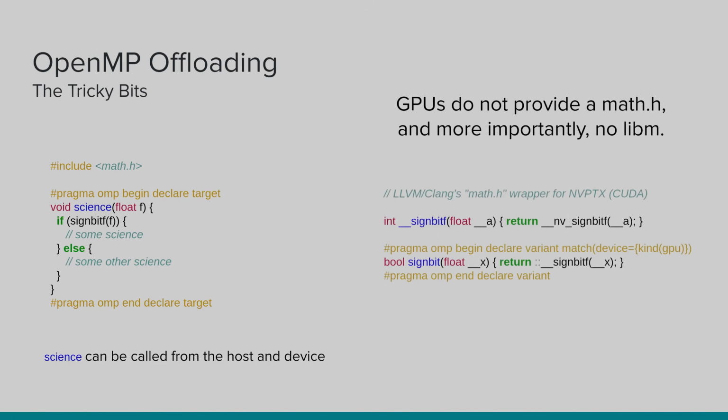And then it uses the declare variant feature to overload them. So if you call signbitf on the device, you actually get the function that we have in this wrapper, which then is implemented through means, in this case NVIDIA built-ins. And then the same trick applies to all other GPUs and so on and so forth.